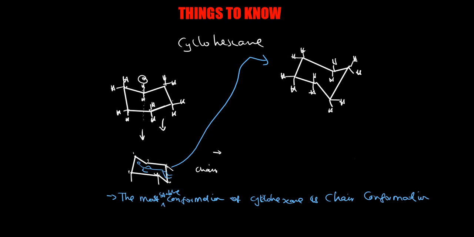So this is now A, and the other one is now B. It's still the same, and it will differ just at this point here. This side will come to that side there.